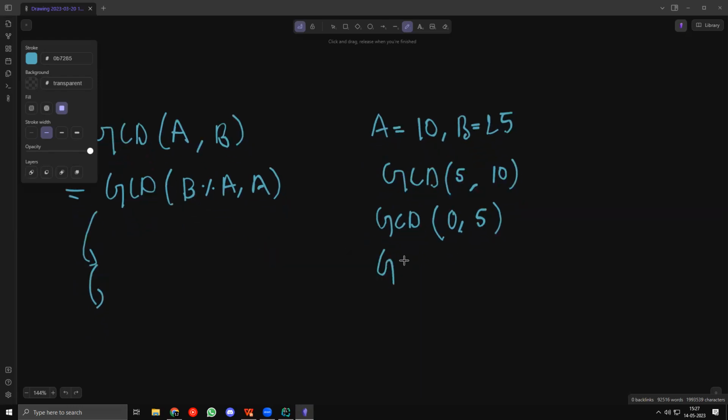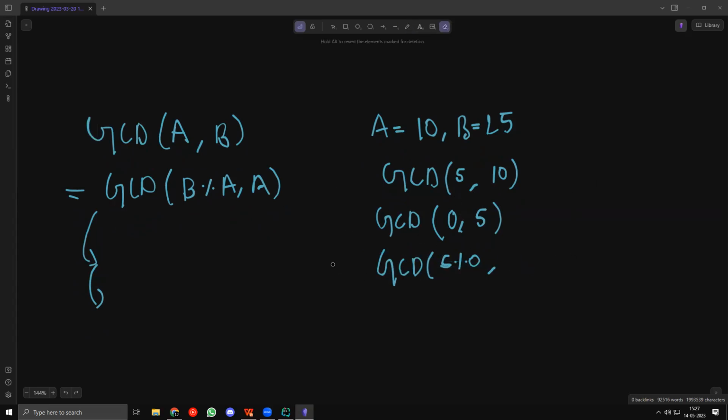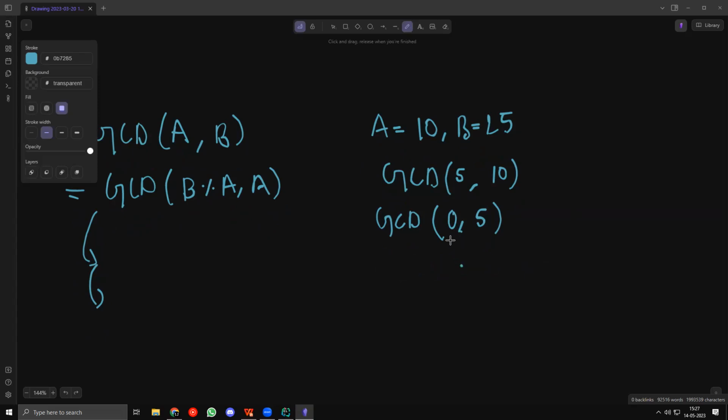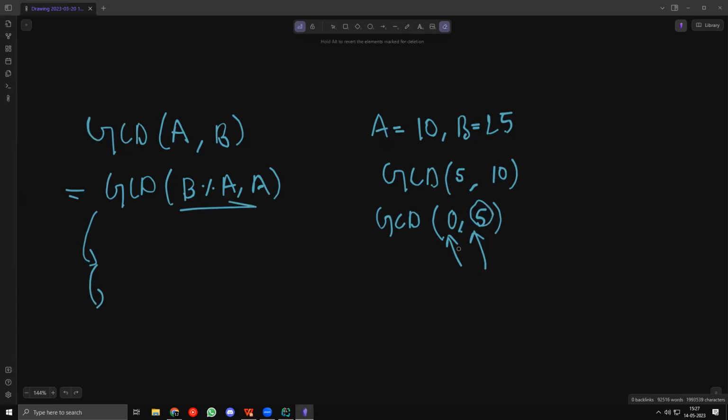If I repeat this once more, I'll get GCD of 5 modulo 0, comma 0. And 5 modulo 0 doesn't exist, we can't divide by 0, we can't take modulo by 0. So the final answer is that if A is equal to 0, then the answer is just the second value.